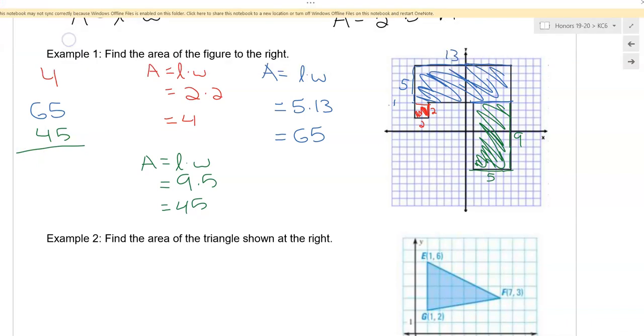I'm going to add all these up. 4 plus 5 is 9, plus 5 is 14. Carry the 1. 1 plus 6 is 7, plus 4 is 11. 114. Now this is area, so it's units squared. So we get 114 units squared.